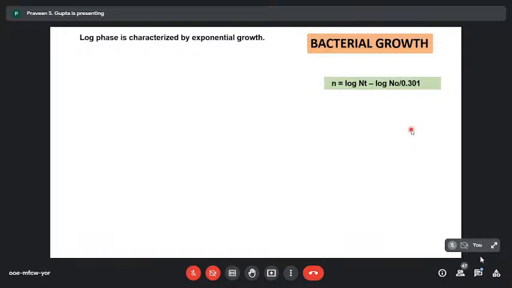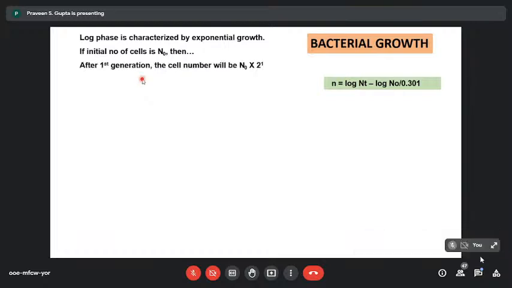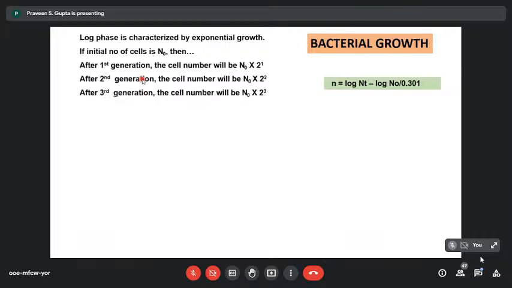This type of equation you have also solved earlier, like log phases. For bacterial growth, you start with the log phase. If you want to calculate the generation time of the bacteria, obviously we have to focus on the log phase because they are not growing in the lag. In the log phase, whatever bacteria you inoculate in the initial culture start growing, and in the first generation they become double. One bacterium becomes two, two becomes four, four becomes eight.